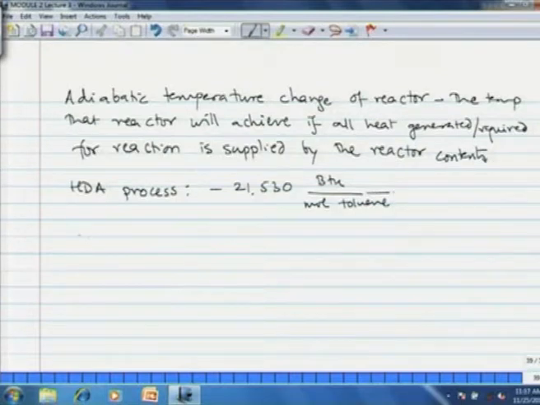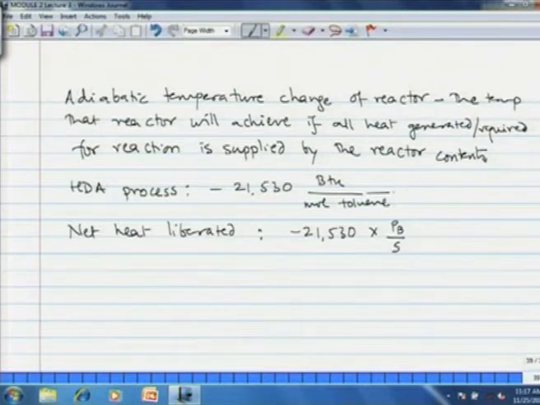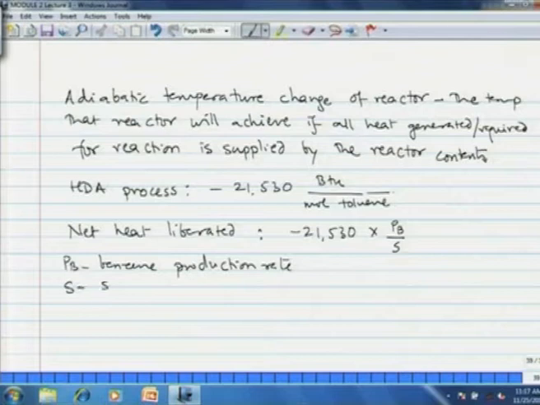Therefore, the net heat liberated would be minus 21530 into Pb by S, where Pb is the production rate of benzene and S is selectivity. And we have already derived this relation: fresh feed rate of toluene is Pb by S.